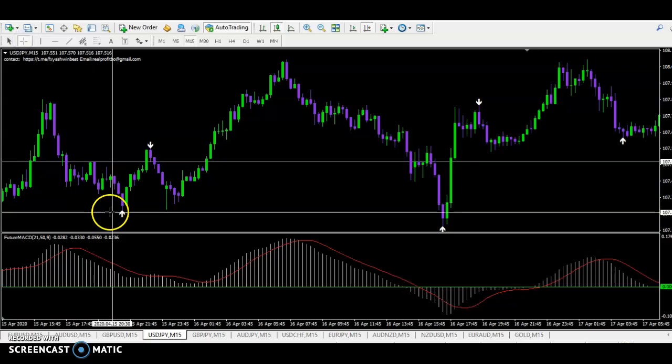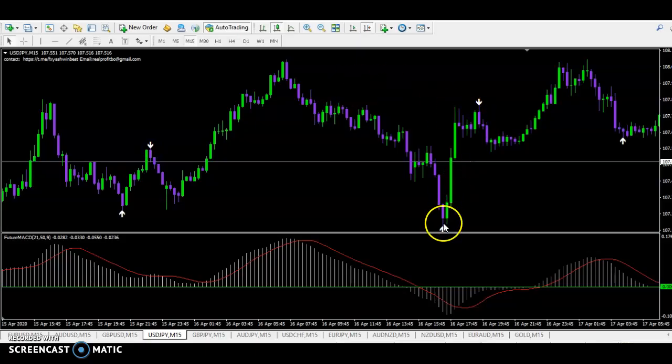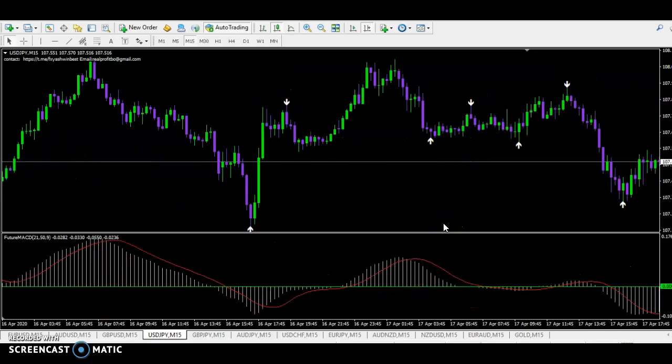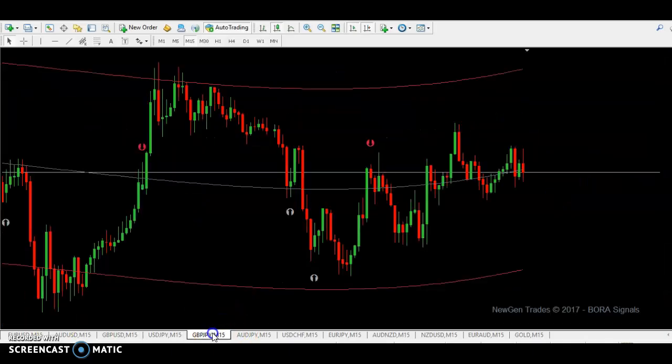As soon as the arrow paints, you take a trade until you see the next arrow. Alright. So, or you might do this one. I don't know how many pips you get out of that.